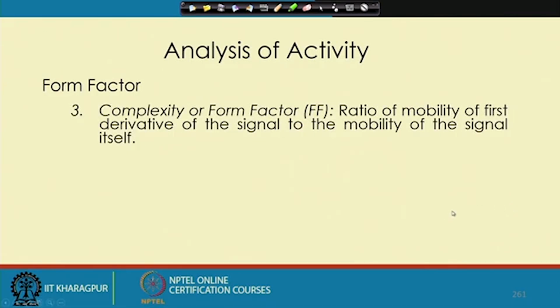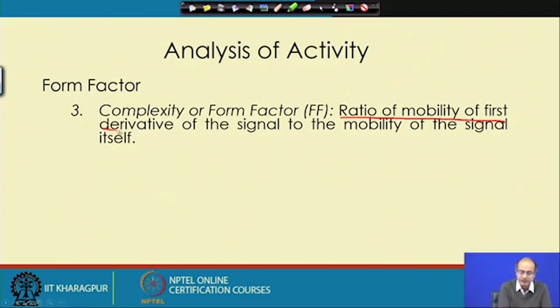So, that was the suggestion from Hjorth, and he suggested one more thing, the third parameter, that is the complexity or the form factor. This form factor, again, is a relative term. It is taking the ratio of the mobility of the first derivative of the signal to the mobility of the signal itself.